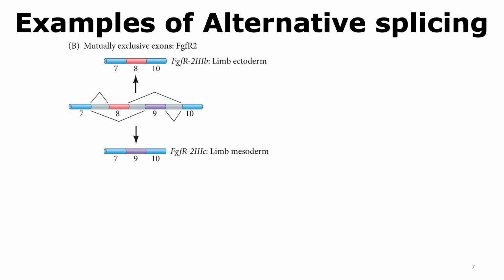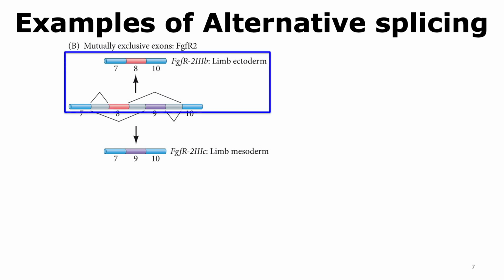Another example of alternative splicing is where we have mutually exclusive exons, and this is seen in the FGFR2 gene. When we look at this specific example, we can see the nuclear RNA having the exons 7, 8, 9, and 10. What can happen is that we can have the exons 7, 8, and 10 joined together to form a certain messenger RNA that is observed in the limb ectoderm.